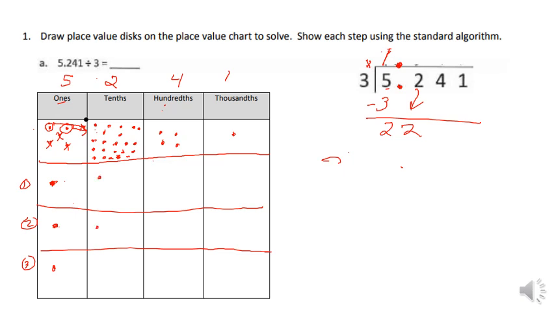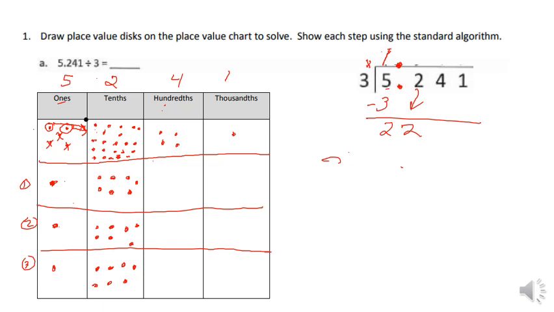So I'm starting here. 1, 2, 3, 4, 5, 6, 7, 8, 9, 10, 11, 12, 13, 14, 15, 16, 17, 18, 19, 20, 21. Now I know I had 22 to start with, so I can't go any further.